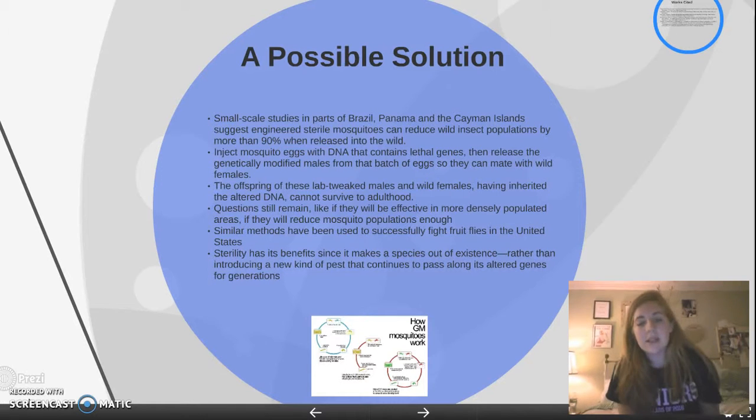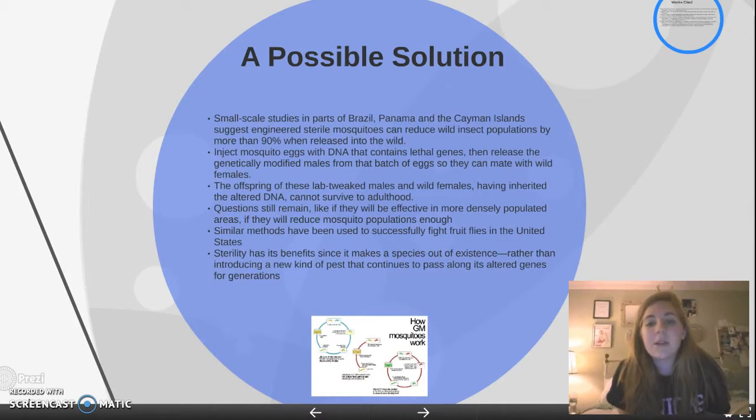The reason they use males is because males do not bite, so they don't risk adding any more lethal mosquitoes into the environment. The offspring of these lab-weakened males and wild females then inherit the altered DNA and can't survive, so the population is ultimately reduced.